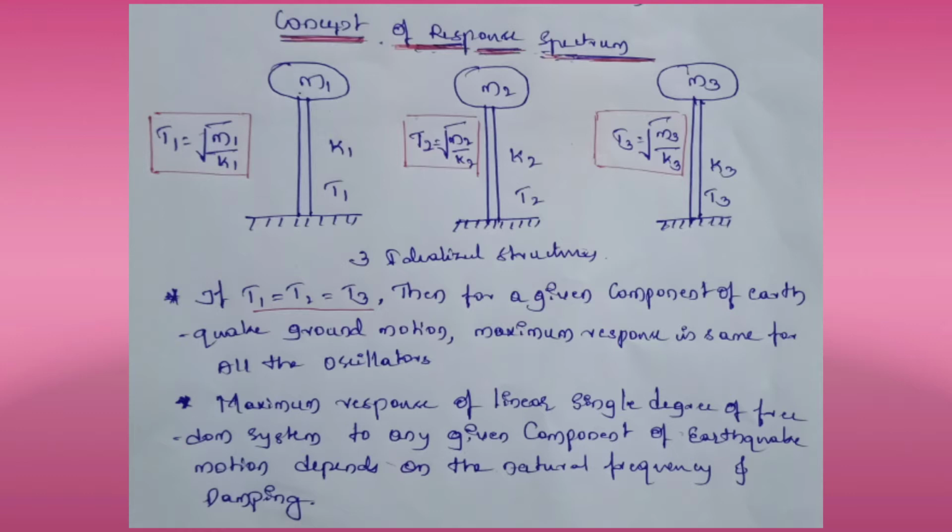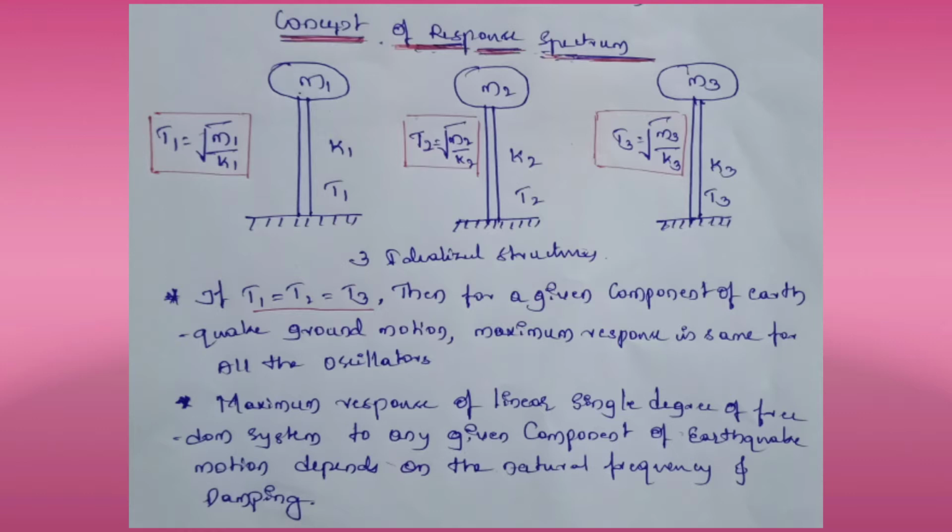What does it indicate, let us know. See here, if T1 = T2 = T3, meaning all the time periods of the structures are the same, then for a given component of earthquake ground motion, the maximum response is the same for all oscillators. Can you understand this?